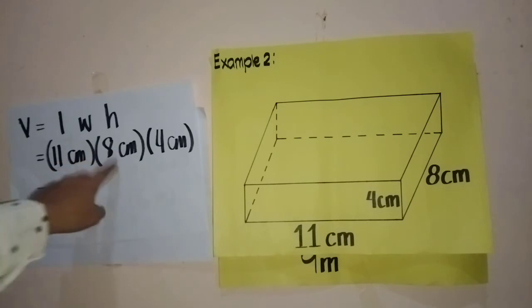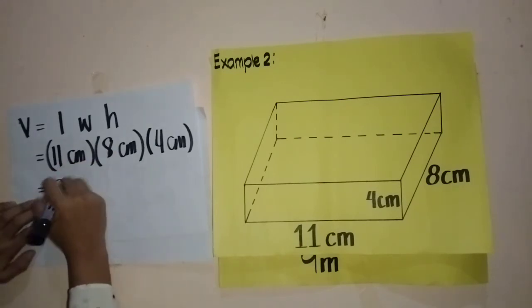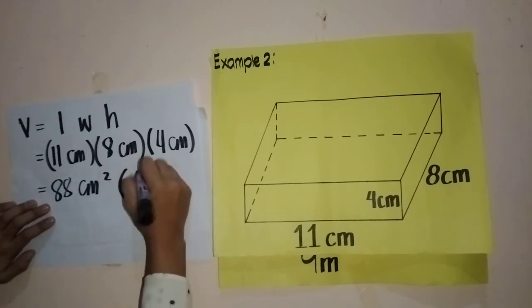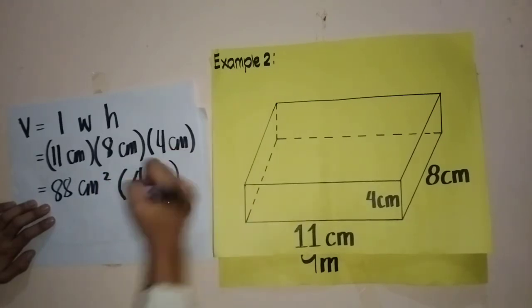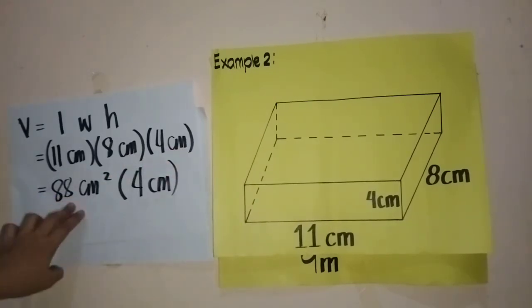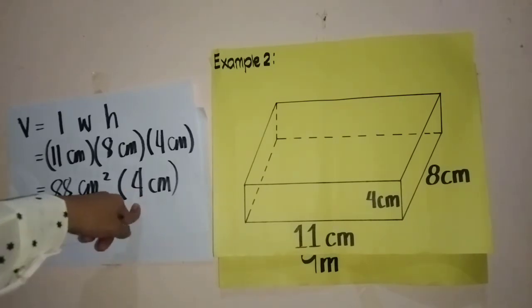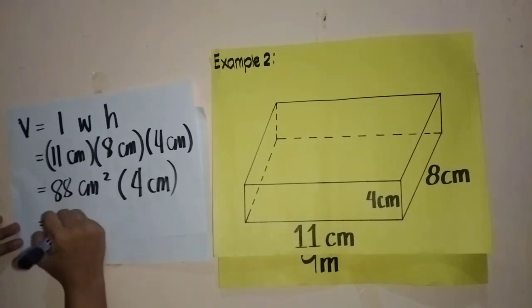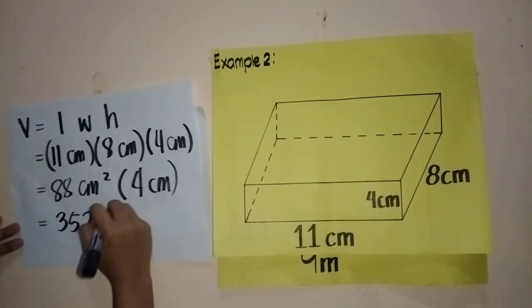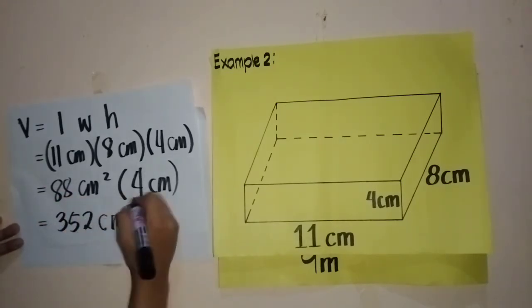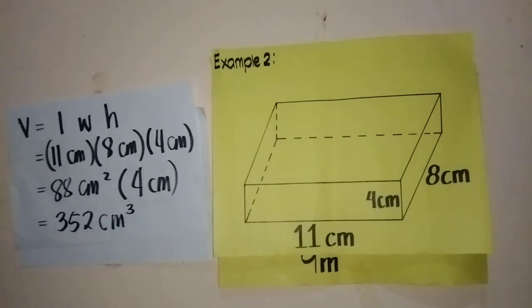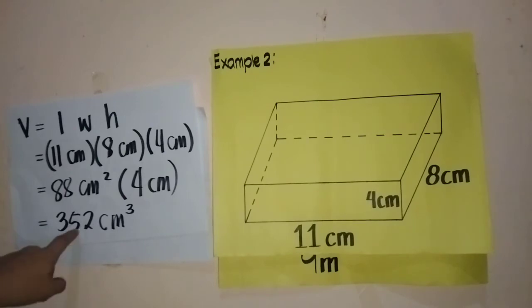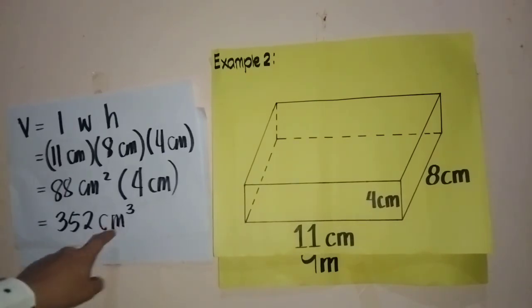So 11 times 8 is equal to 88 square centimeters times 4 centimeters. So 88 times 4 is equal to 352. So the volume of the rectangular prism is 352 cubic centimeters.